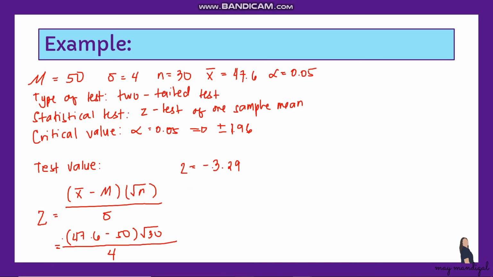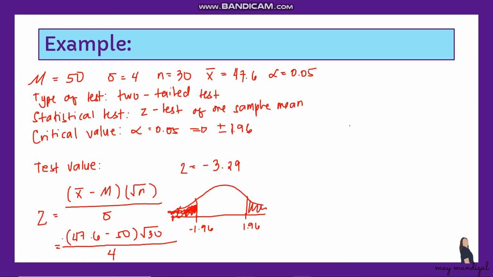Now, to make our decision, we just have to compare this to our critical value and check if it will fall within the rejection region. If you want, you can draw the curve. So this is 1.96. This is negative 1.96. So this will serve as our boundary for the rejection region. And then negative 3.29 is somewhere here, on the left side of our negative 1.96.